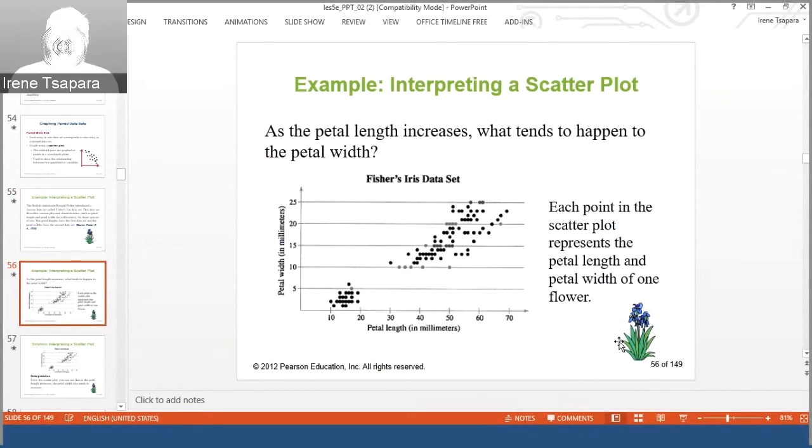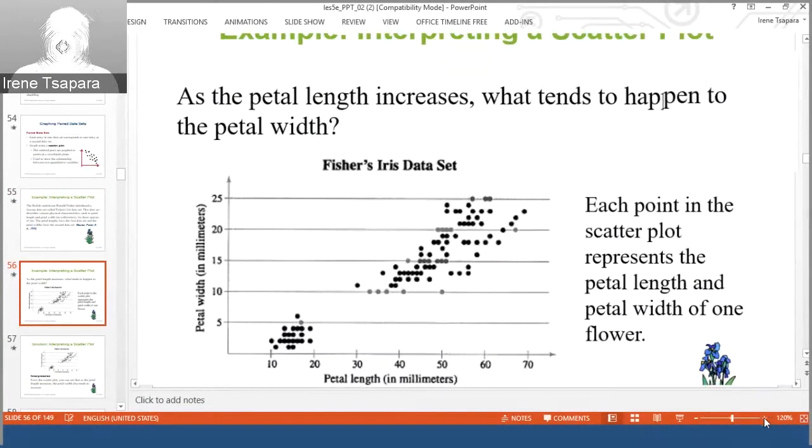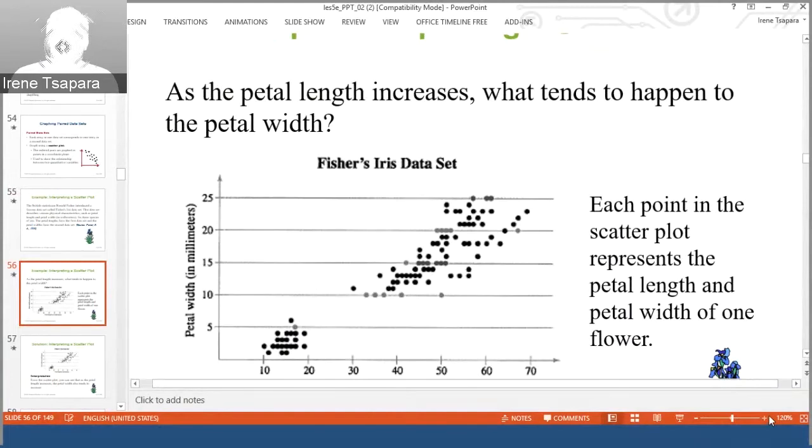Now, does this scatter plot give me a lot of information about this iris dataset? I would say that it does give me some important information, and I will tell you immediately what I see right here. Between 20 to 30 millimeters of length, there is no width. What does this tell me?